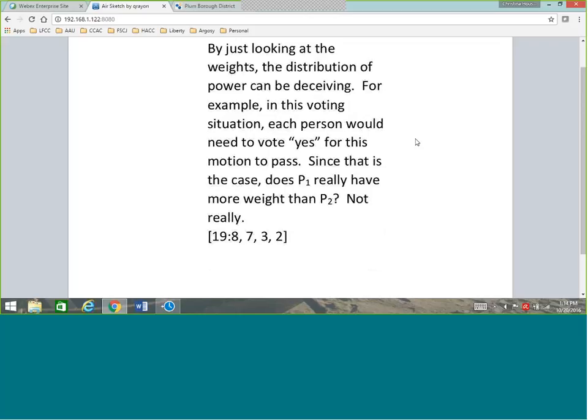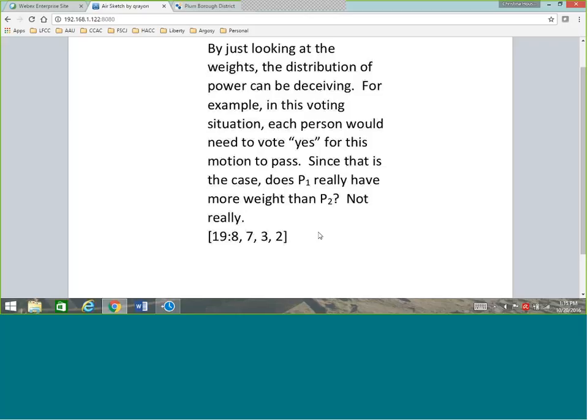By looking at just the weights, the distribution of power can be deceiving. For example, in this voting situation, each person would need to vote yes for the motion to pass. If we take a look at the quota of 19, and the weights are 8, 7, 3, and 2, they all have to vote yes to meet the quota of 19.